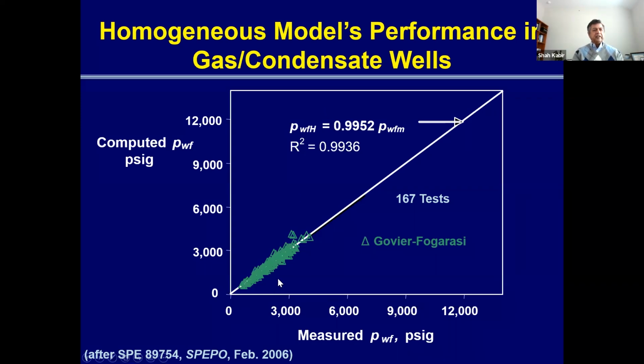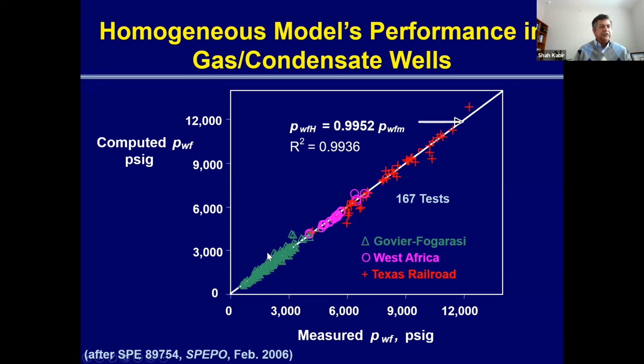So I said, okay, we studied it, and here is some data from Govier and Fogarasi, which is at the University of Calgary in the 70s, and then the Texas Railroad Commission data, which again came from another article in the 80s. This is some of the data that we gathered for this particular project-related stuff.